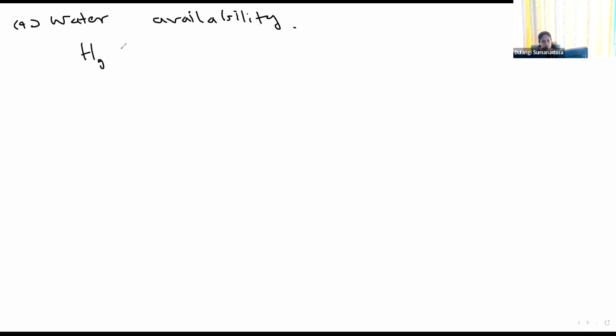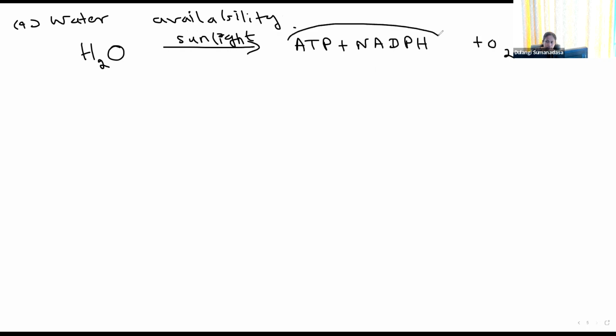For the light dependent reaction, the main source is water. We're going to split it using the sunlight to get the energy for the light independent reaction. So you can write down that the higher the water, the higher the amount of energy we're going to produce.